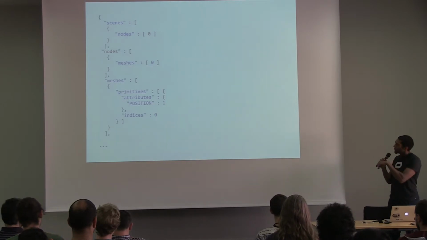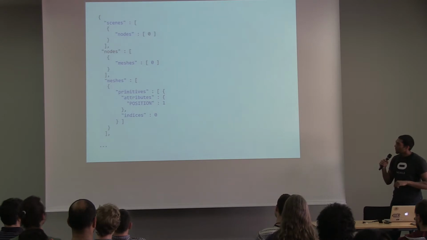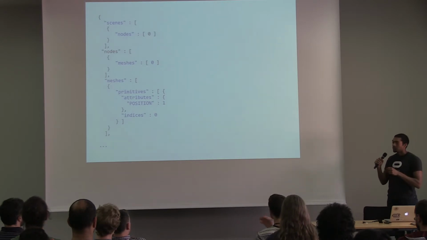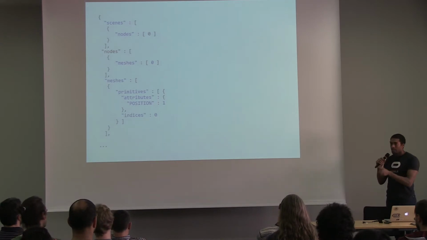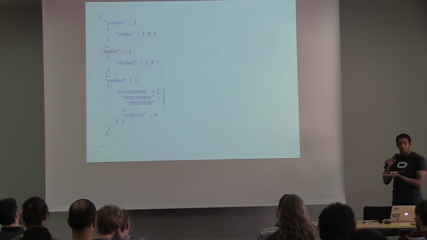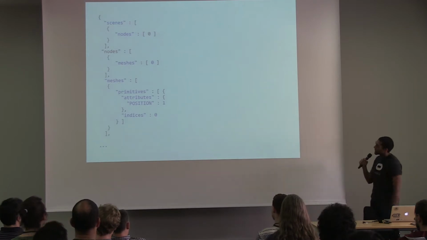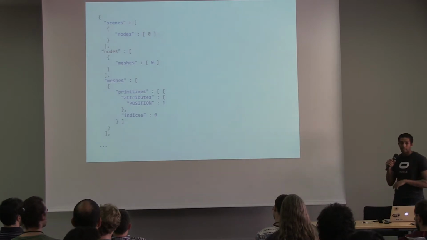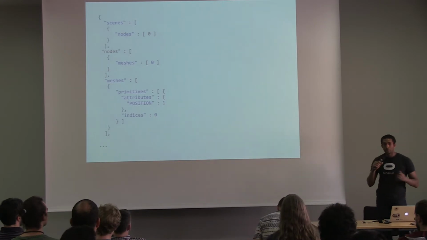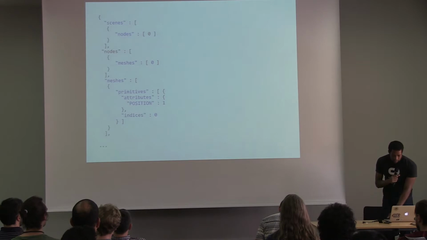What this attribute section is trying to do is tell you which accessor you need to go to in the JSON to find the byte buffer address that you need to look up this data. The position here is talking about the vertex position, so this is essentially telling us where to find the vertex data in the binary. And similarly, the indices section is telling you which accessor index you need to look up to find all the indices that tell you how to actually draw the contents of your vertex buffer.